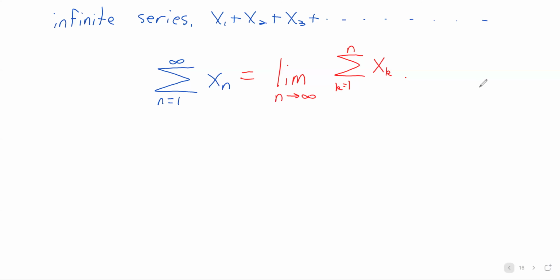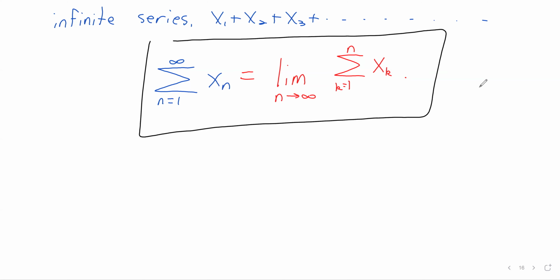And modern mathematicians do not have that problem, because modern mathematicians have a universally accepted definition of what this infinite sum is.